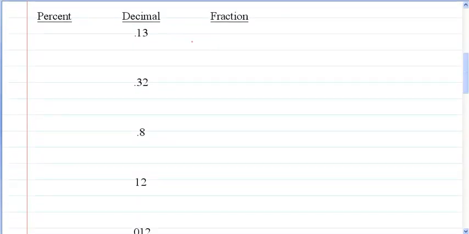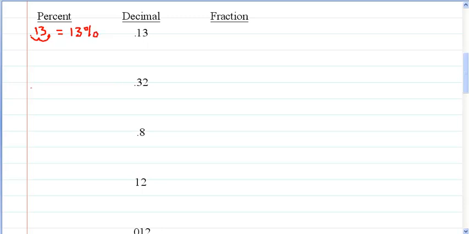For the next group, we will look at converting decimals to percents and then to fractions. So first let's convert 0.13 to a percent. I take 0.13, and to put the percent symbol on, you want to move over 2 places to the right, so that 0.13 is 13%.